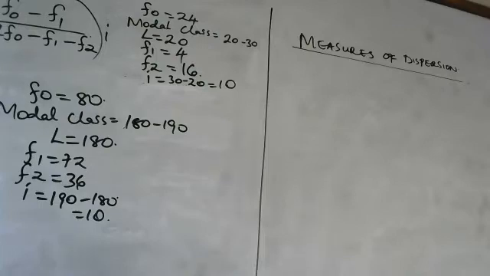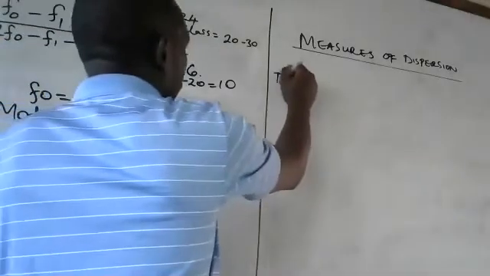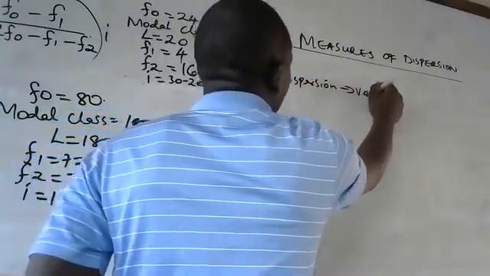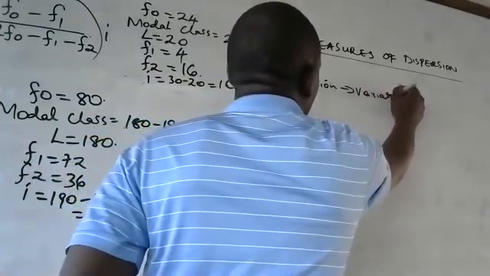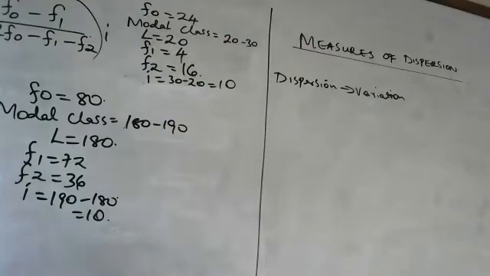So if that is the case, then we proceed to the measures of dispersion. Dispersion is actually the variation. Dispersion is the same as variation, whereby for the values that we have in a distribution, we want to measure how far they are from the measures of central tendency.